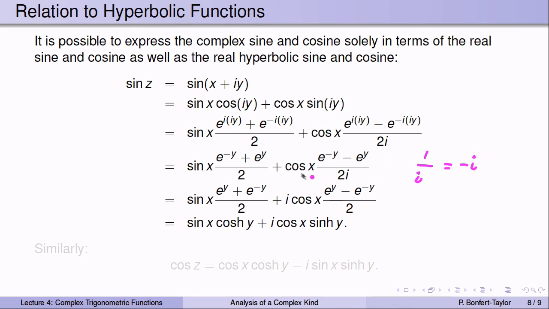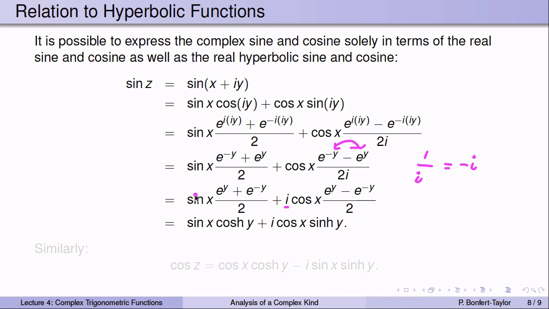So I can bring that into the numerator at the expense of a negative sign, but I'm going to use that negative sign to flip these two terms with each other. So I can now write e to the y minus e to the minus y over 2 and an i here in the front. But now I'm left with sine of x times the hyperbolic cosine function, cosh of y, plus i times cosine of x times sinh of y.